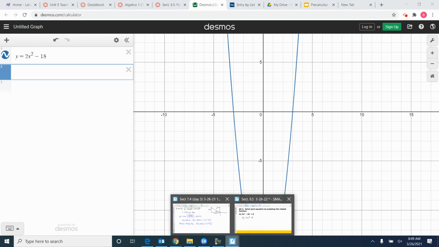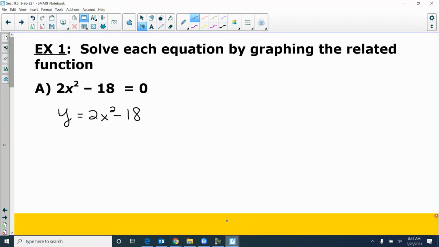So what I would like you to do is on your paper, it doesn't have to be super accurate, but I want enough to know where it hits the x-axis, and just give me a rough sketch of what the parabola looks like. Just do that right underneath that problem, if you would.